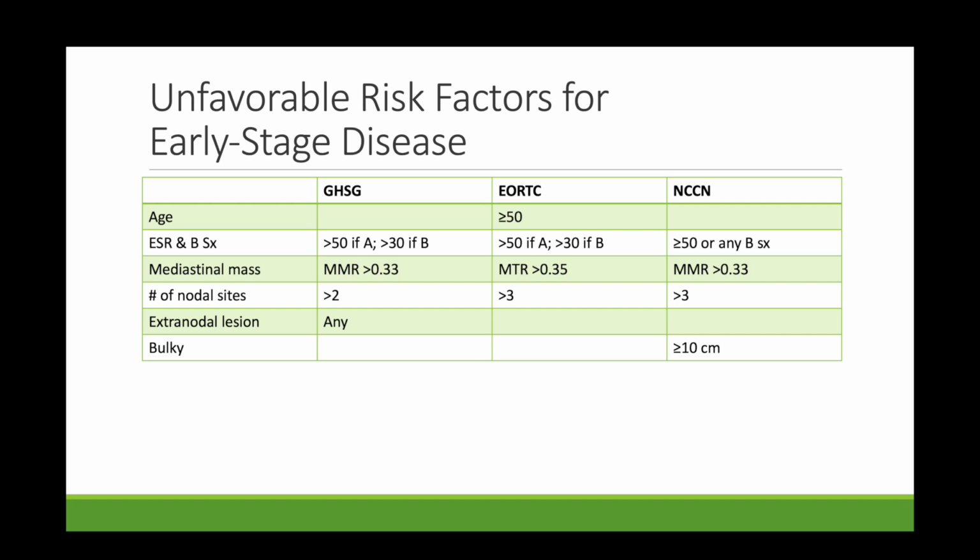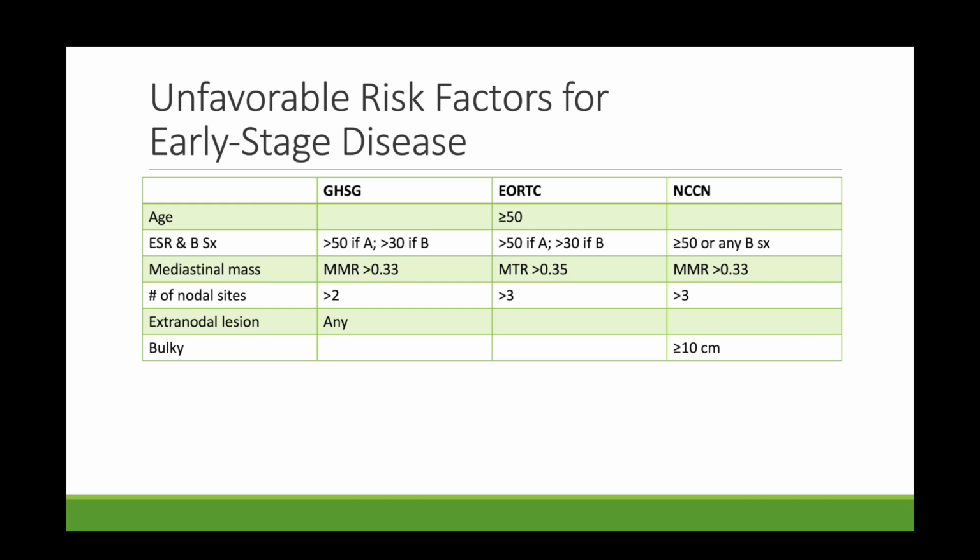So across the different groups, 3 of the things that we're looking at are going to be identical: the ESR, the size of the mediastinal mass, and the number of lymph nodes. So the things that are different is that German Hodgkin's cares about if there's extranodal extension.